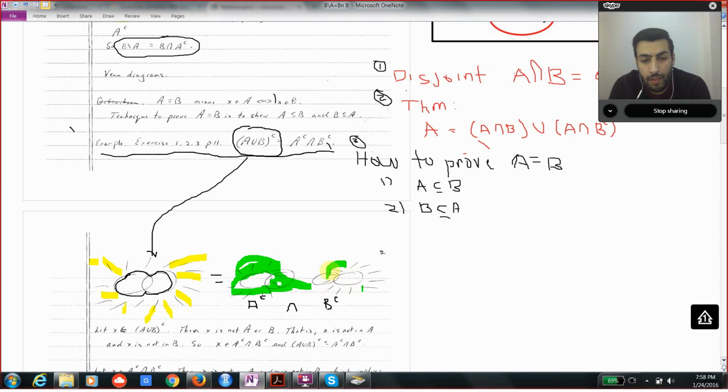And this is everything outside of B. Okay. And you notice that when I take their intersections, notice the intersection here, when I take the intersection of this with this, let me just try to be a little more careful here.